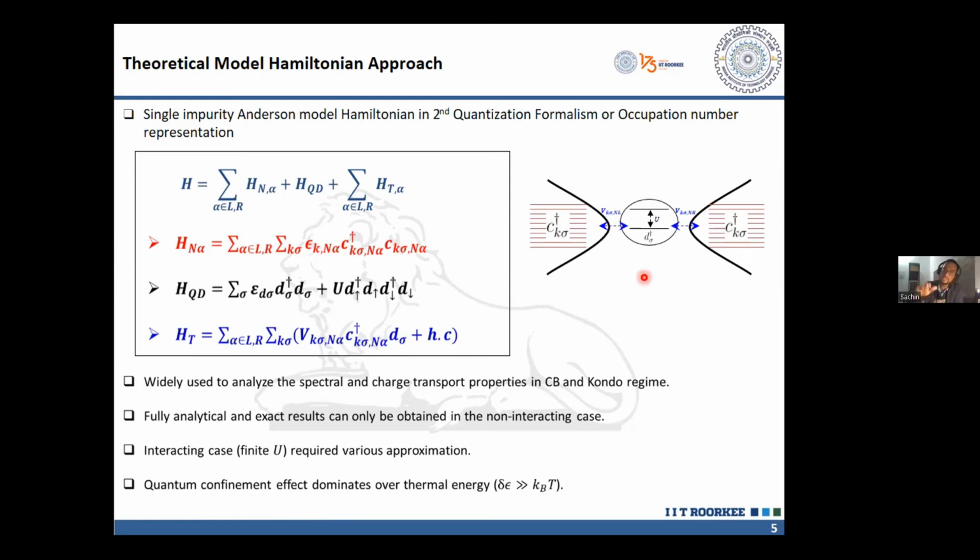Even if you consider multiple energy levels, the thermoelectric properties will reduce, because then there is no longer a sharp energy level, which is a must for these thermoelectric properties. And even if you consider a multiple level quantum dot, then you also have to consider the phonon contribution of thermal conductance, and that will also reduce those properties.